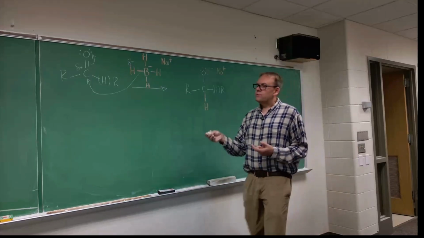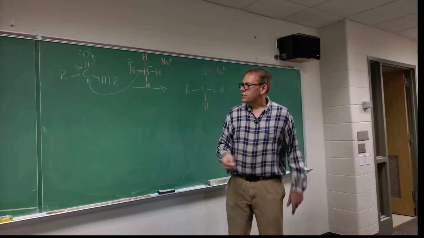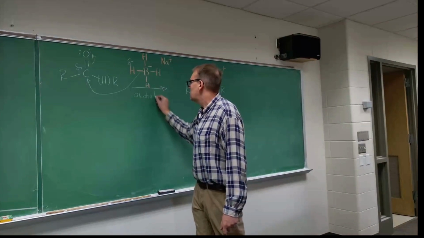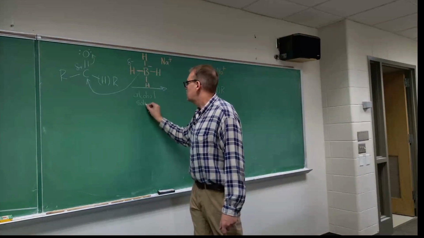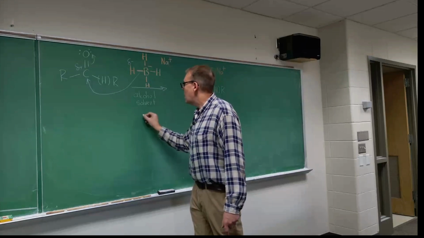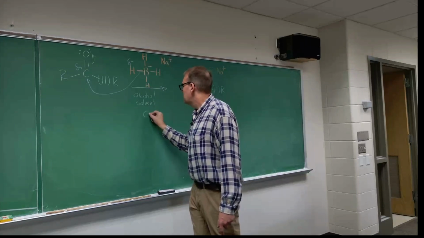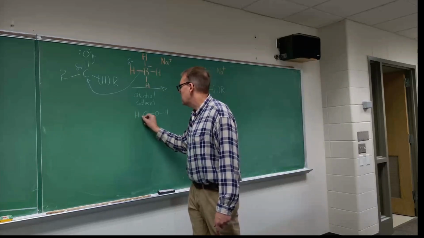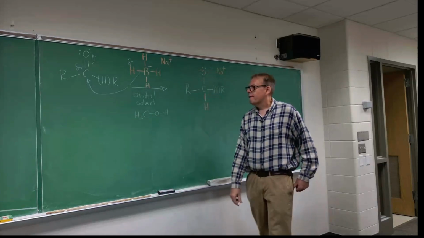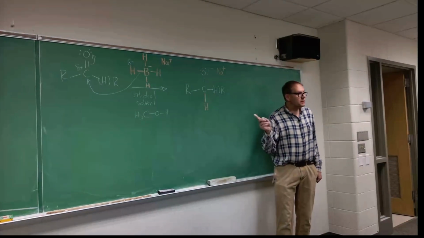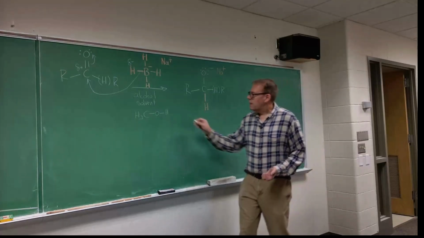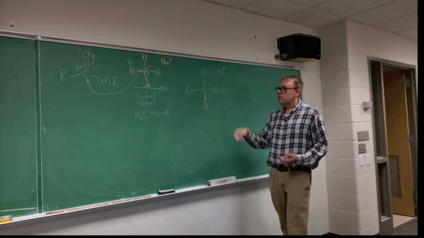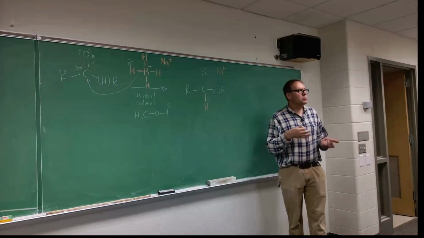The other thing about these reactions is they're always done in an alcohol solvent. You'll see most often methanol as the solvent, but it could be ethanol, it could be other alcohols as well. But the reason this is in there is that it's a source of proton that this O minus can use to grab to get a proton to become neutral.